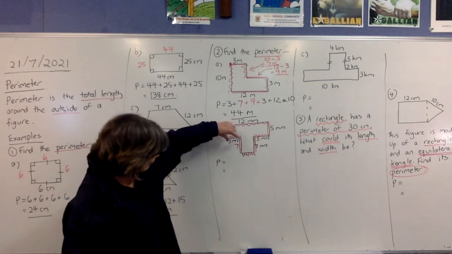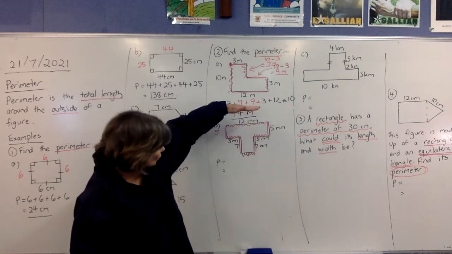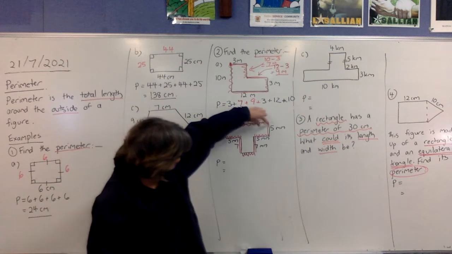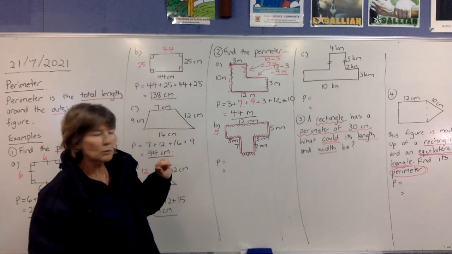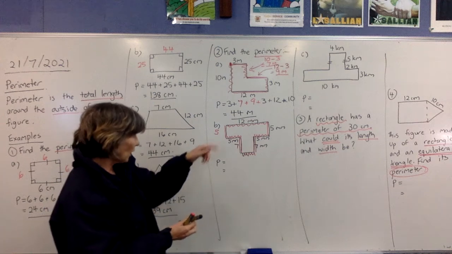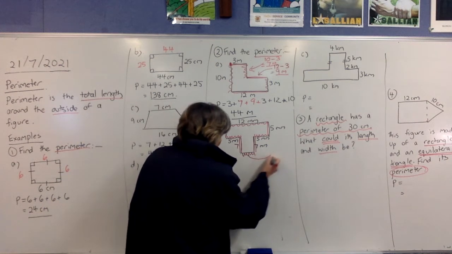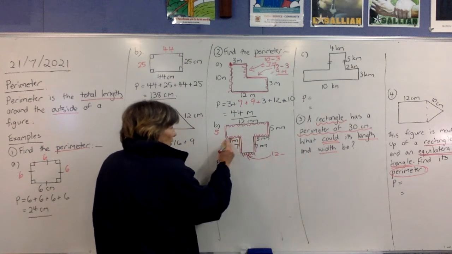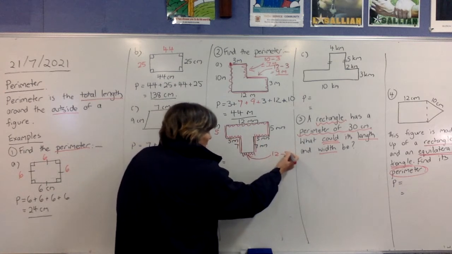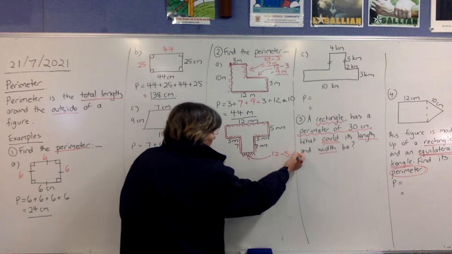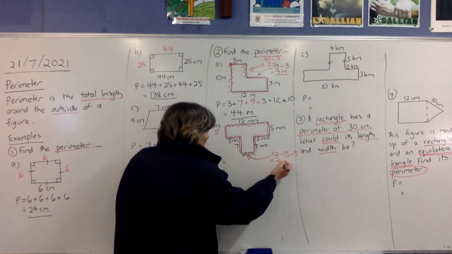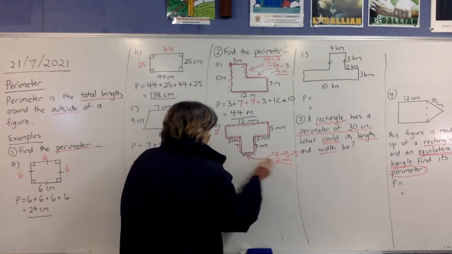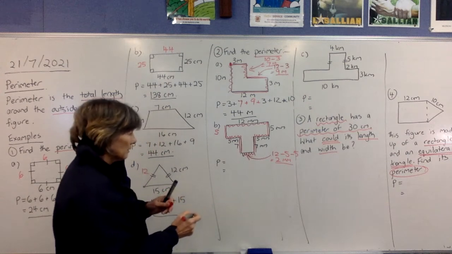So if I get this piece, and this piece, and push them upwards, they should all add up to 12. So to find that one there, I'm going to start with my 12 and take off this 5 and take off this 5, and that will leave me with 2 millimetres for my missing side down there.